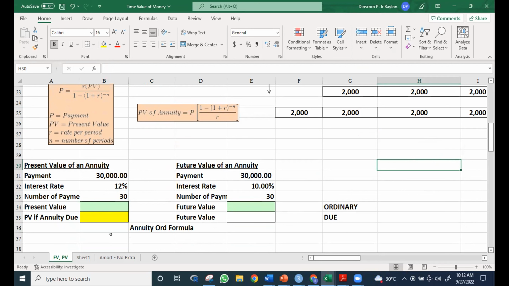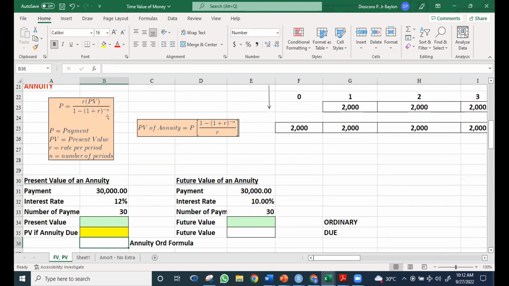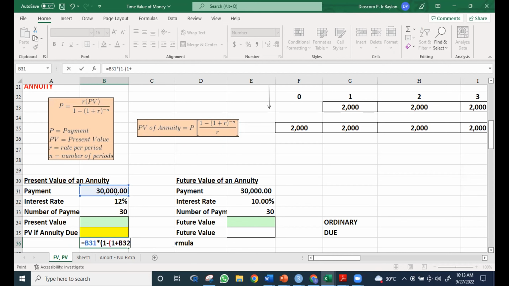Let's first use the formula here. The formula is the annuity P times 1 minus 1 plus R raised to the negative n, over R. So if we follow that formula, the annuity is 30,000 times the quantity 1 minus 1 plus the rate, which is 12%, and then raised to the negative n, which is 30.